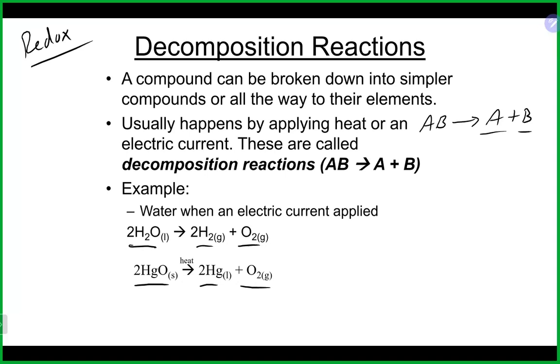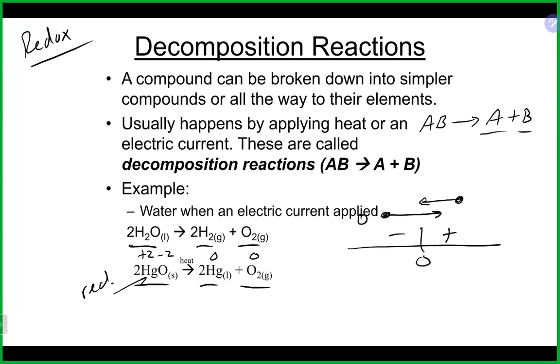These are still redox reactions. So I'll just look at the bottom one here. Mercury is +2. Oxygen is -2. That is 0 and 0 for each of those as they're by themselves. So if we look at the number line here to prove it is a redox, mercury started at +2 here, ends at 0, which means mercury is actually being reduced, right? The oxygen started at -2, which is over here, and it ended at 0, which is moving in that direction, right?